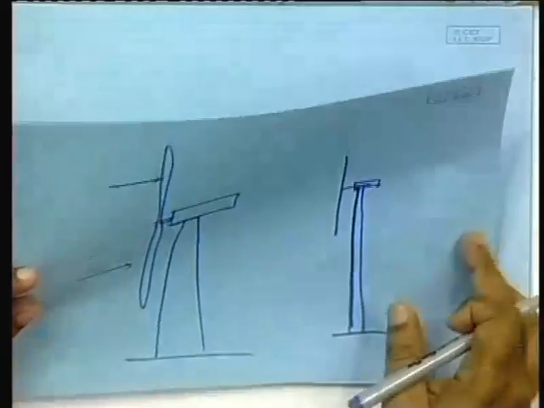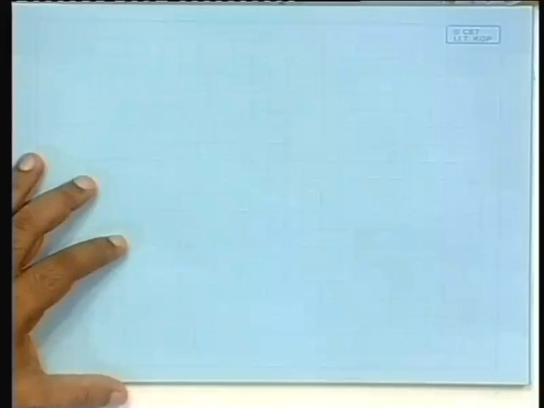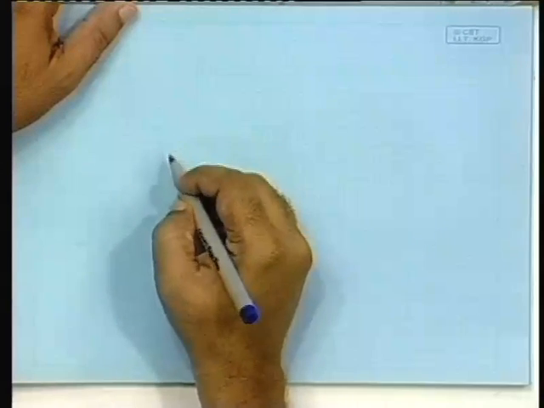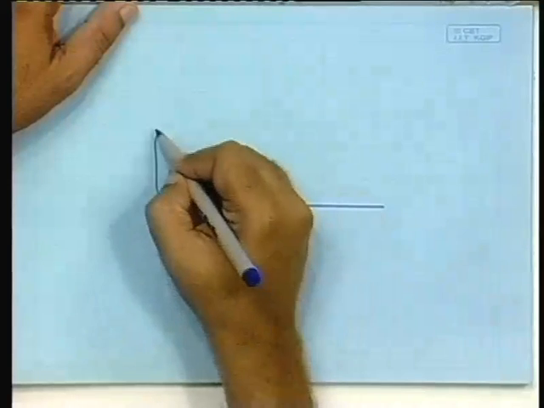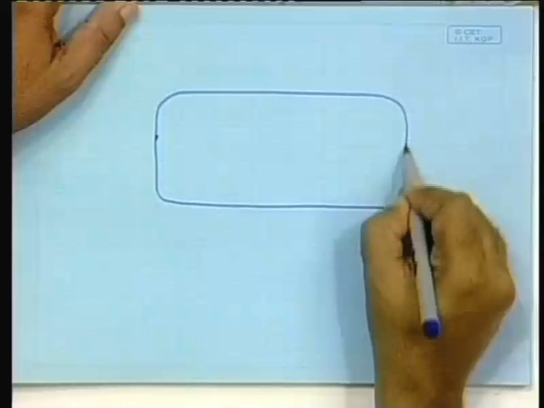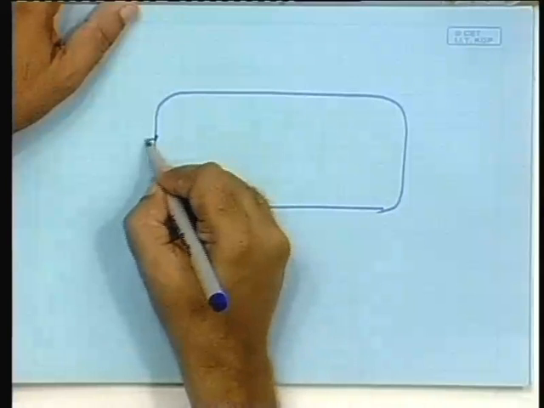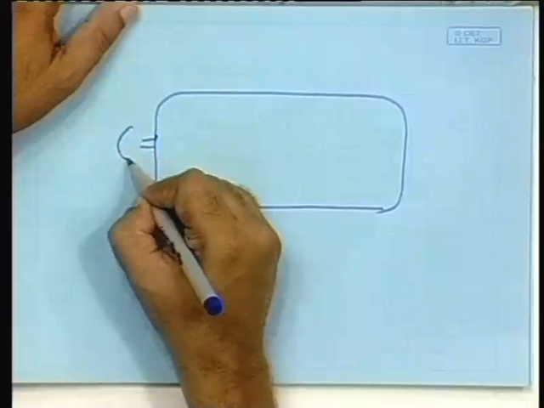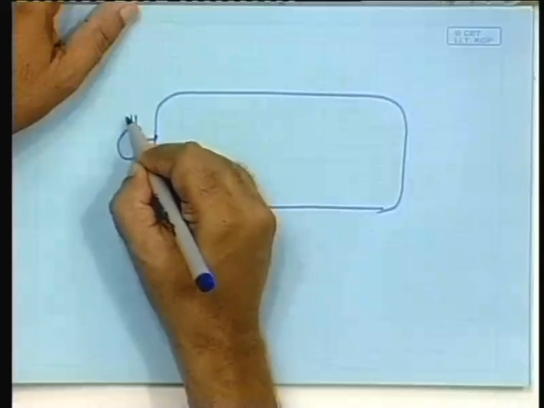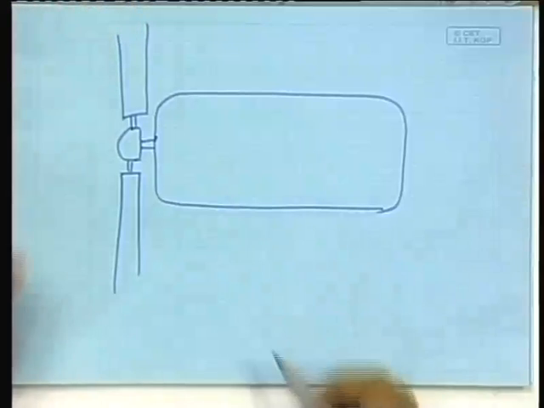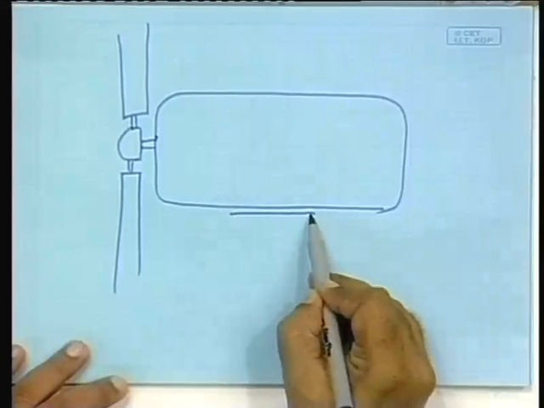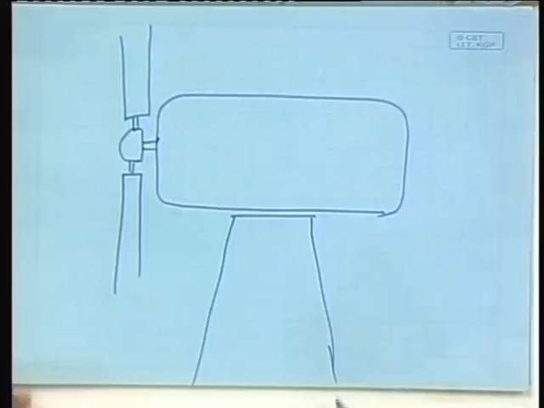What is inside this box? Well, inside this box, I will blow it up. So, you will have, and say here you have, and here you have the tower going down.